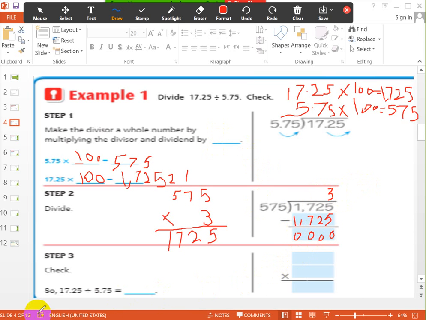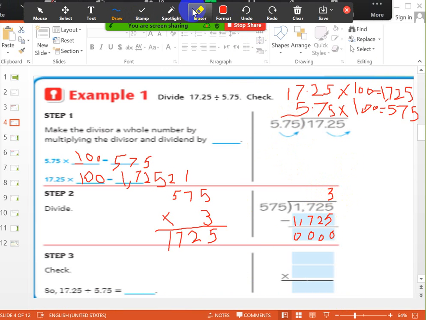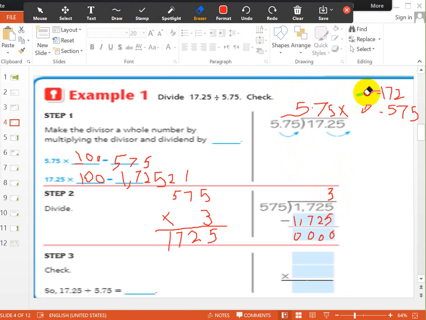If you want to check whether your answer is correct or not, you know the check step that I will use here in the division is the inverse operation for division, which is multiplication, right? So if you multiply the quotient by the divisor, the answer will be 3.